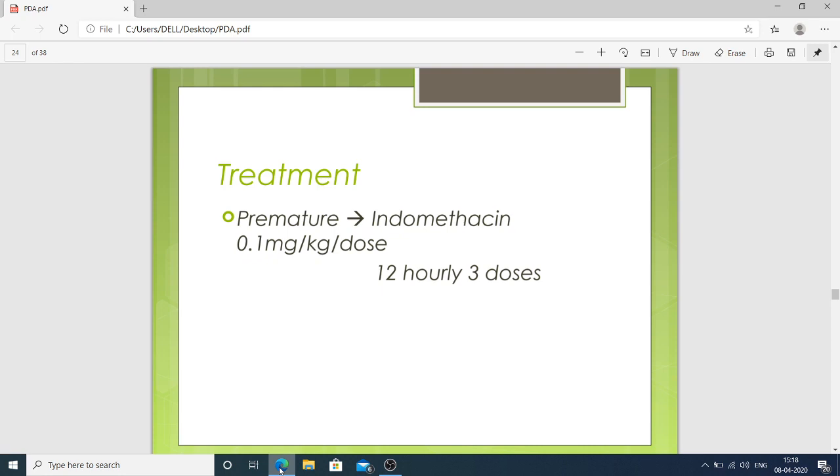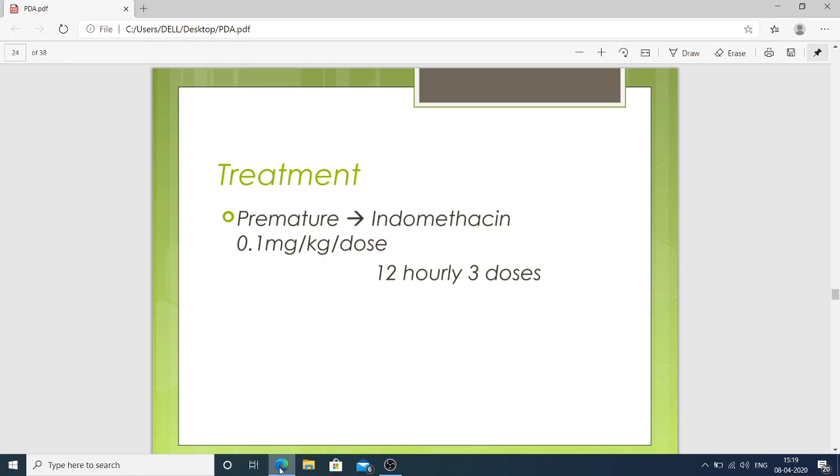The dose is 0.1 mg per kg per dose, 12 hourly, 3 doses. It is actually the medical management of patent ductus arteriosus. It is a prostaglandin inhibitor, and by inhibiting prostaglandin, indomethacin allows the PDA to close.